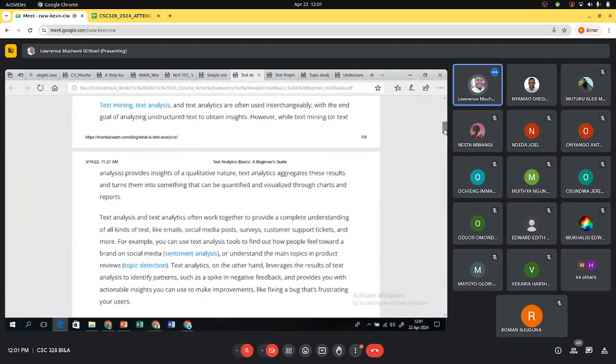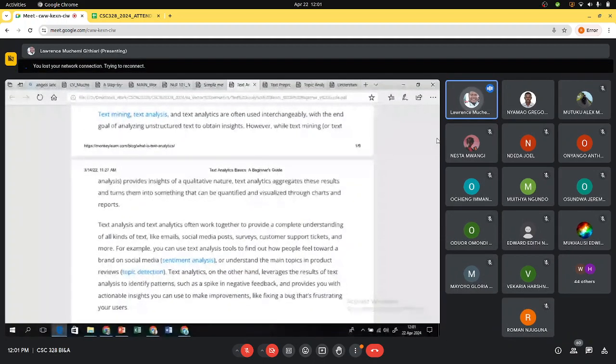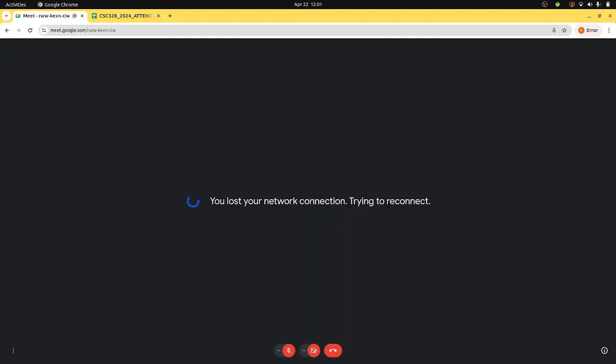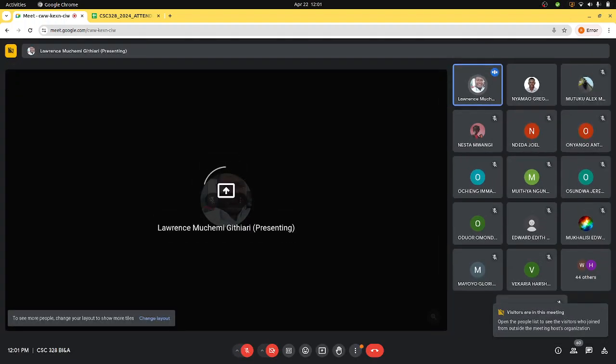So really, text analysis is just showing you the qualitative nature of it. But when it deals with quantity, that is the numbers, counting, now we talk of text analytics. So please never forget about that. Text analysis, text analytics.